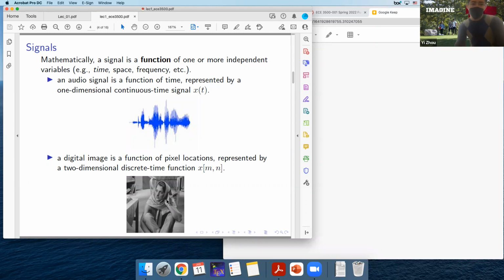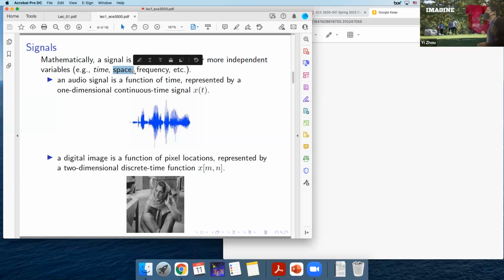We may be looking at a time domain signal. If we look at a one-dimensional time domain signal, then that variable will index the time. If we look at an image, then the variables may index the locations in the space, the locations of the pixels in that image.